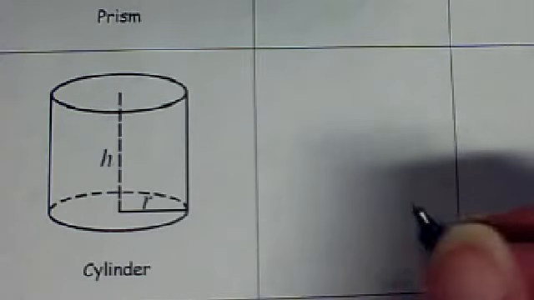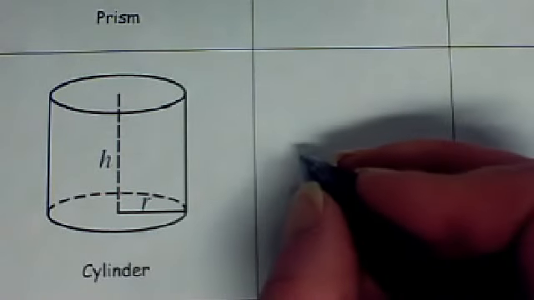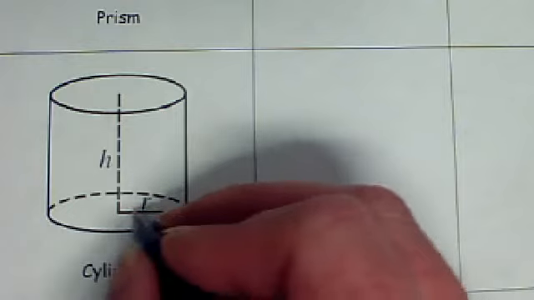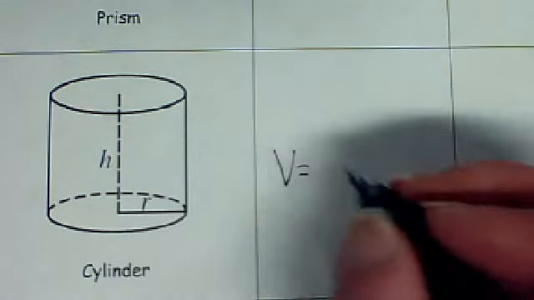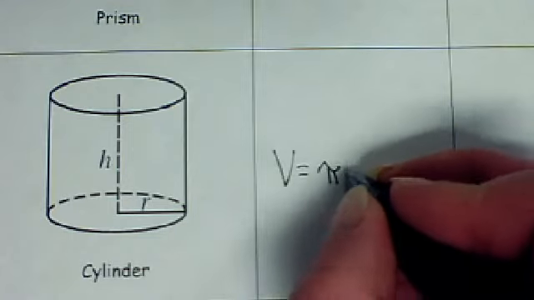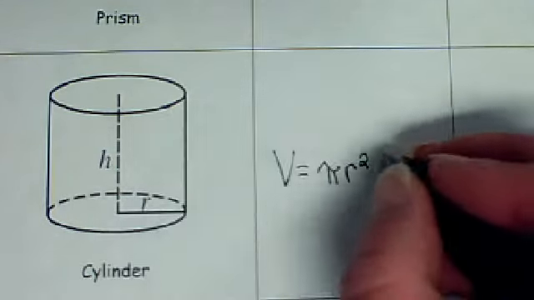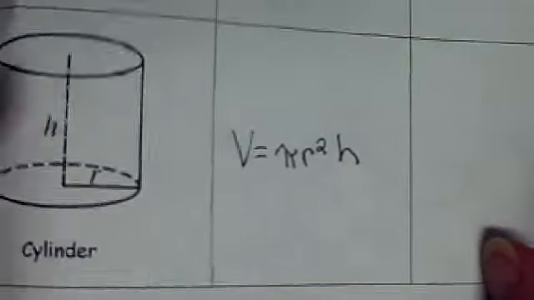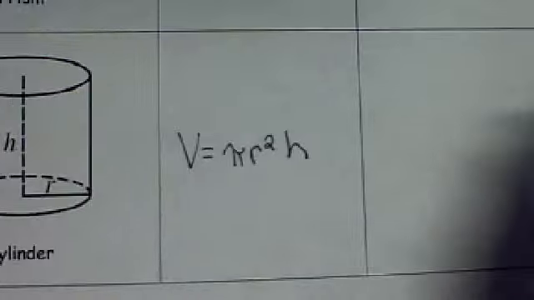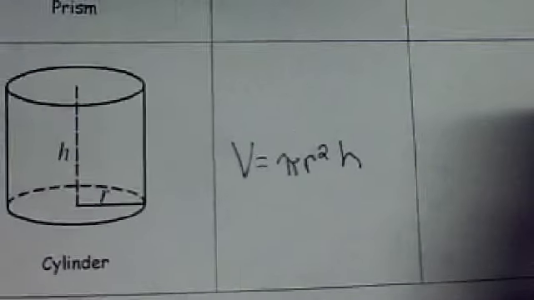Next is a cylinder. The volume of a cylinder, again, is the area of the base times the height. But on a cylinder, the base is always a circle. So that would be pi r squared, area of the circle, times the height. Surface area of a cylinder.